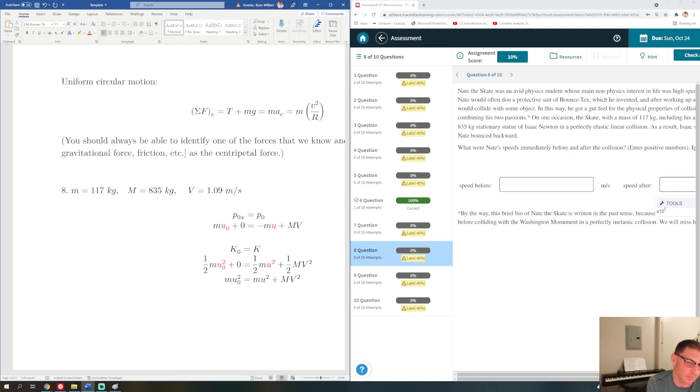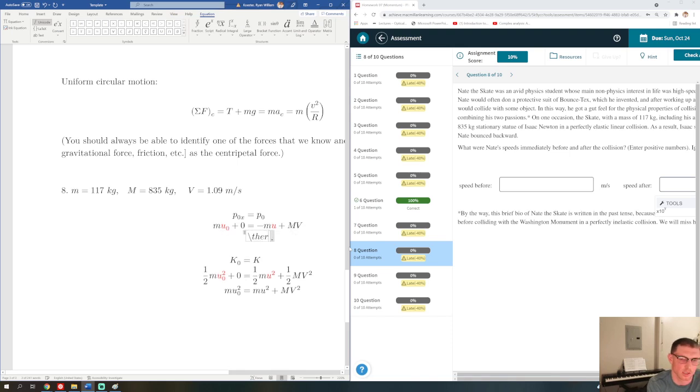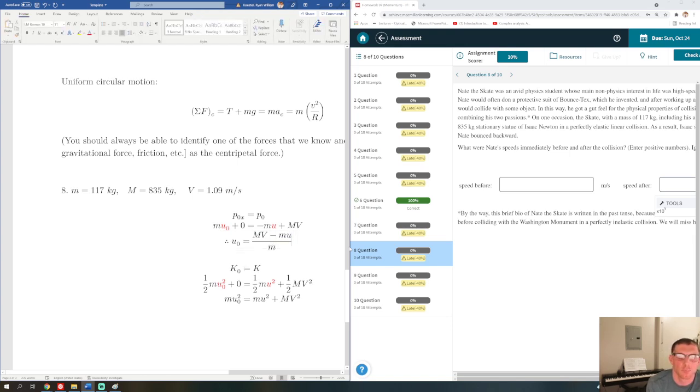You could do that, yeah. You could divide by, yeah, substitution, that's fine too. What we would do is isolate a variable, that's good stuff. From this equation we could say that therefore u naught is just going to be big M V minus m u over little m. Then we take that down here.